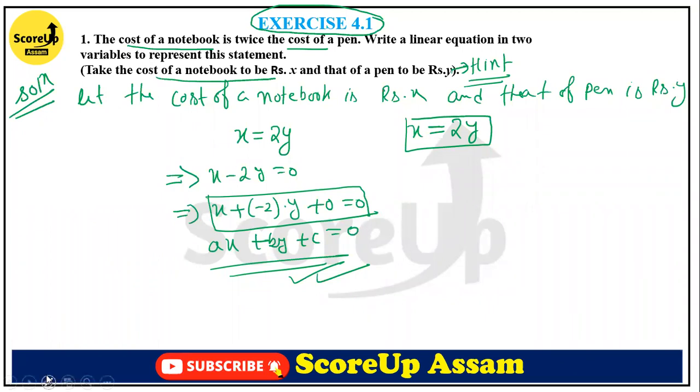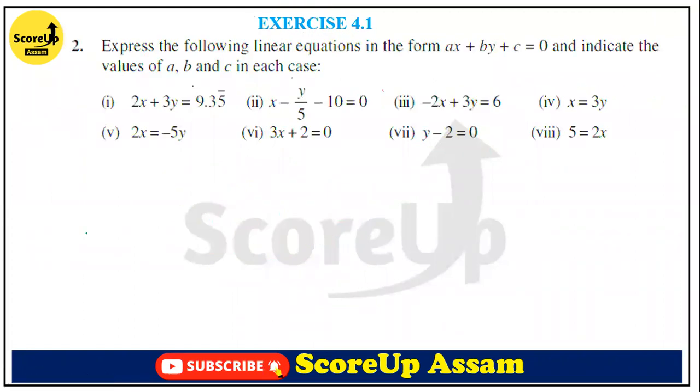Now let's move on to question number 2. So I shall solve some sums and I shall give you homework for the rest. Okay. So which one shall I solve from this? You just tell me. Express the following linear equations in the form ax plus by plus c. Indicate the values of a, b, c in each case. Which one seems difficult for you?